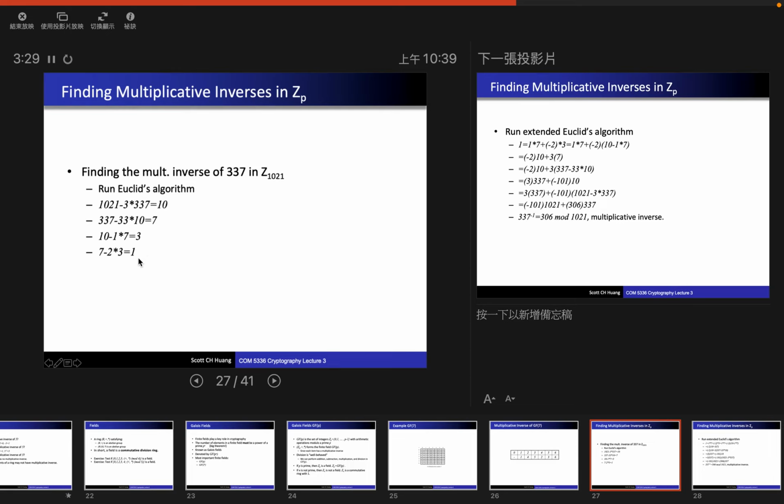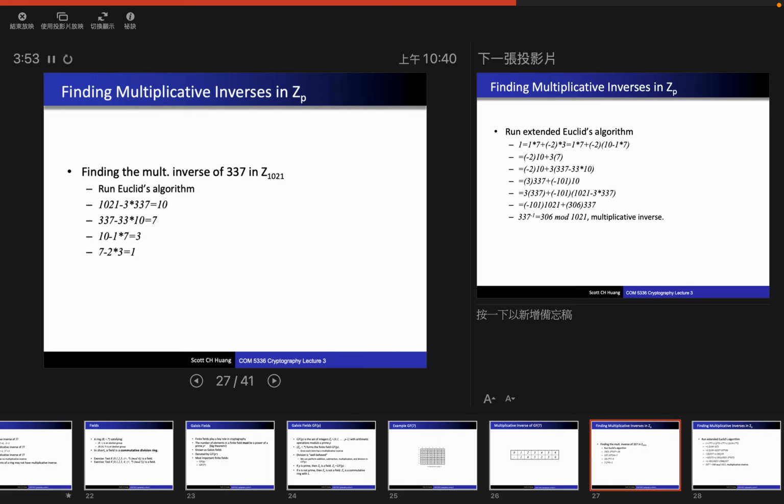In this case, their GCD is 1, which is obvious because they are relatively prime. If two elements are relatively prime, you will always end up with 1.